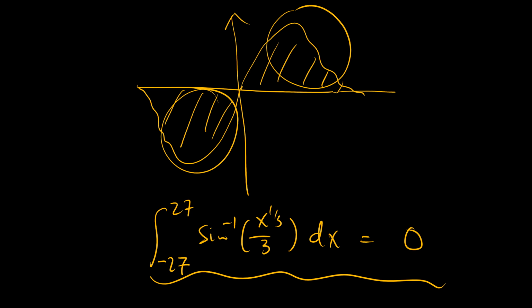This is just an illustration. It doesn't depict the actual plot of the arc sine of x to the power 1/3 over 3. So that's the short and quick form.